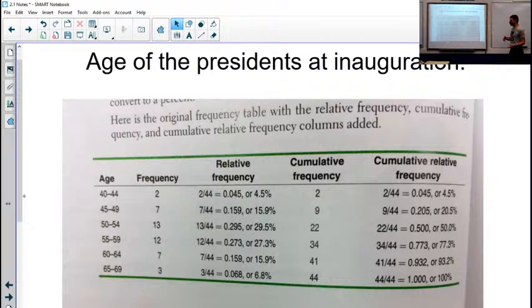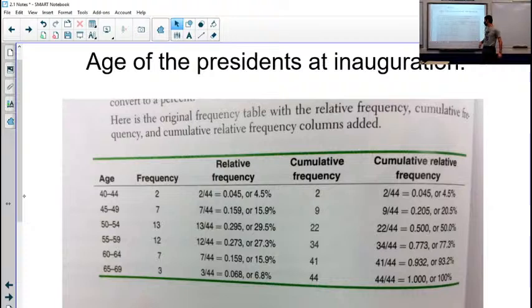So this graph, which I will show you in a minute, is going to keep increasing until we get to 100%. It's going to be tracking these cumulative frequency values until we get to the largest values. So it can help you very quickly look at where percentiles are on a graph.